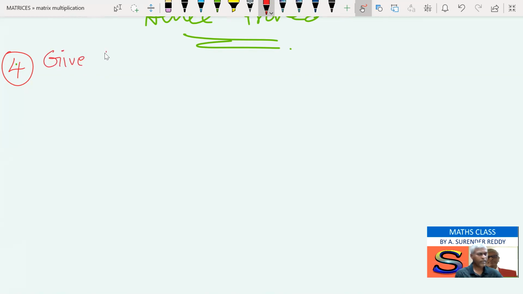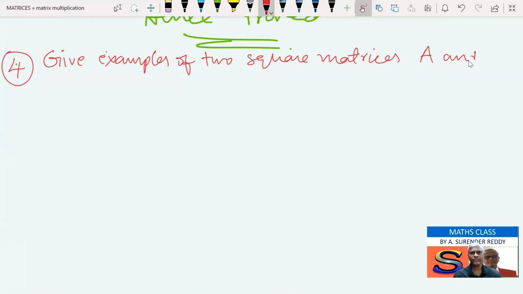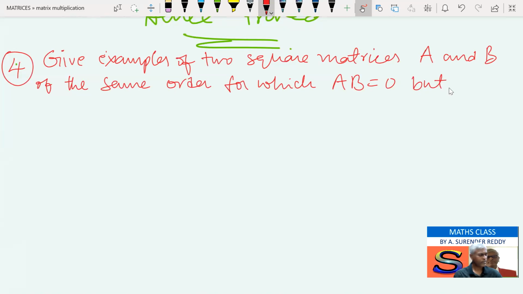Give examples of two square matrices A and B of the same order for which AB is equal to 0 but BA is not equal to 0.